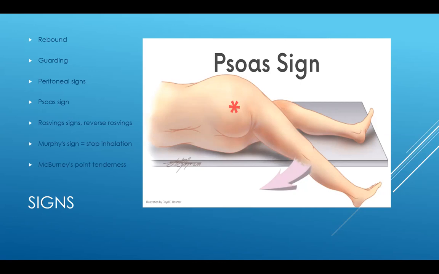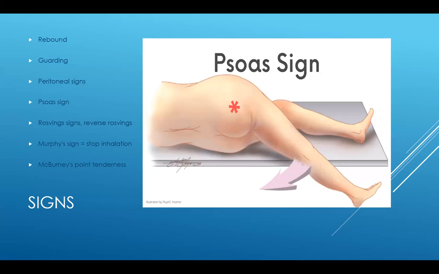The Rovsing sign is when you press on the left lower quadrant and it causes pain to the right lower quadrant. That's a Rovsing sign.